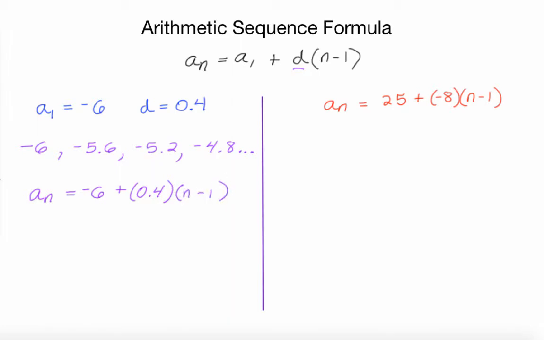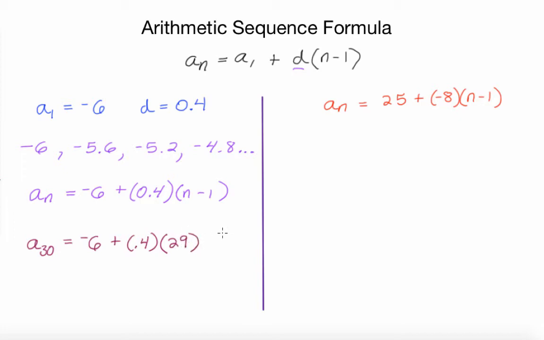Now here's how we could use that. What if I wanted to find the 30th term? Well, I'm going to take -6. I'm going to add a whole bunch of 0.4s, and I'm going to do it one less. So I'm going to multiply the 0.4 by 29.